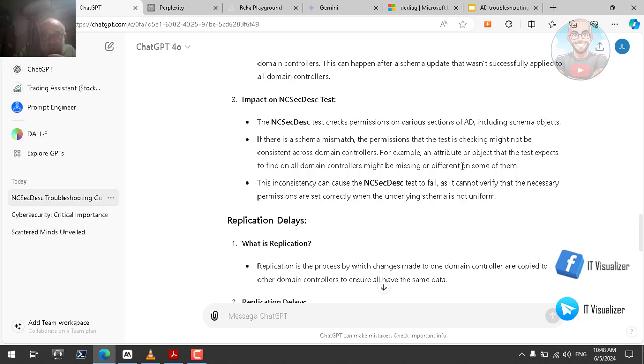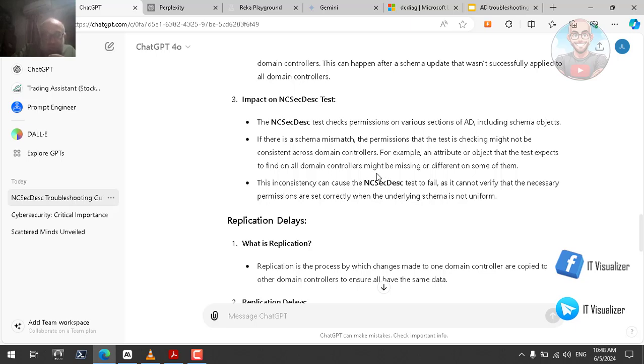It will fail because they are not the same. All of the objects in the schema partition in all of the Active Directory databases in the forest are not the same, so this will make it fail. This inconsistency can cause the NC-sec test to fail, as it cannot verify the necessary permissions are set correctly when the underlying schema is not uniform.